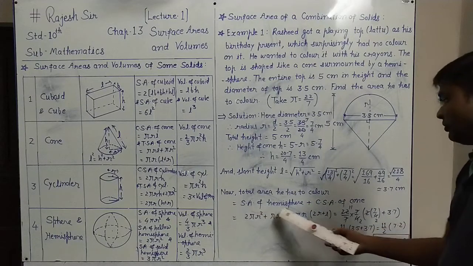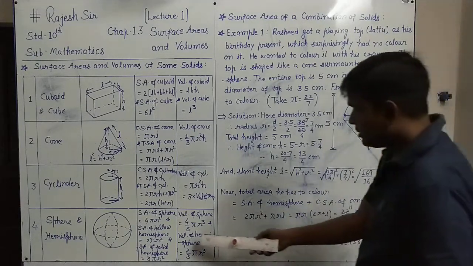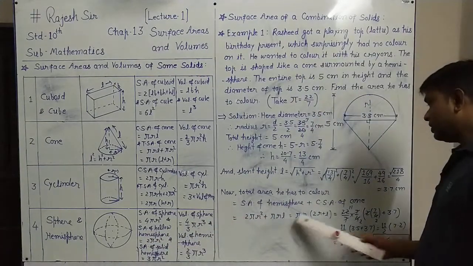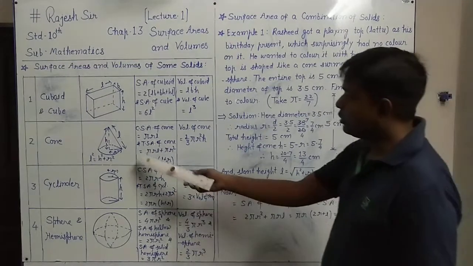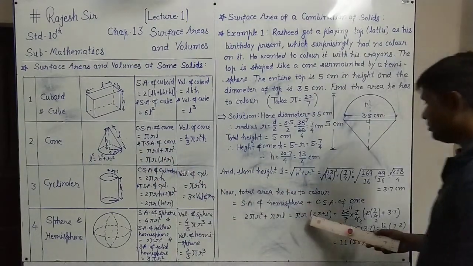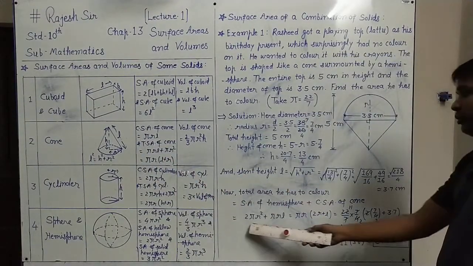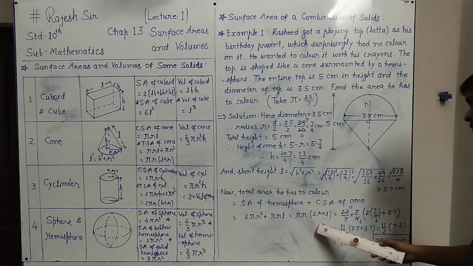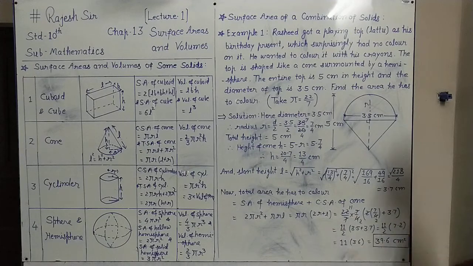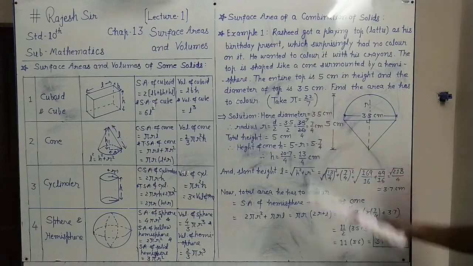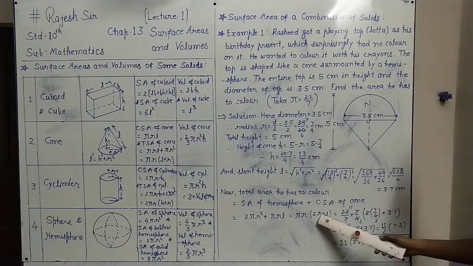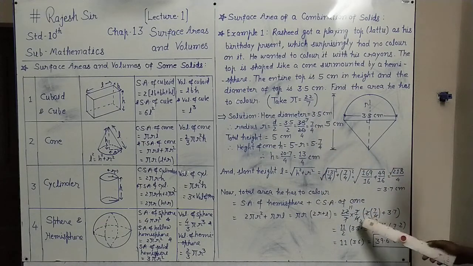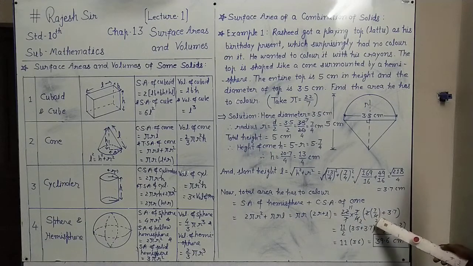Surface area of hemisphere is 2 pi r square, plus CSA of cone, which is pi r L. From both terms pi r is common, leaving 2r plus L. Place all the values: pi is 22/7, as given in the question, into r, which is 7 by 4, times the bracket 2 times 7 by 4 plus L.